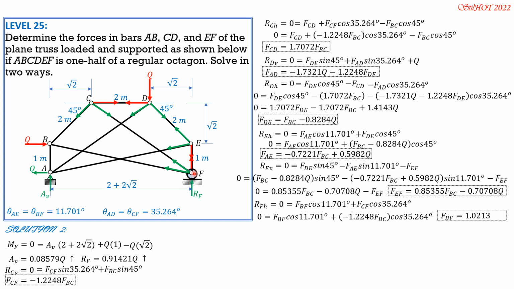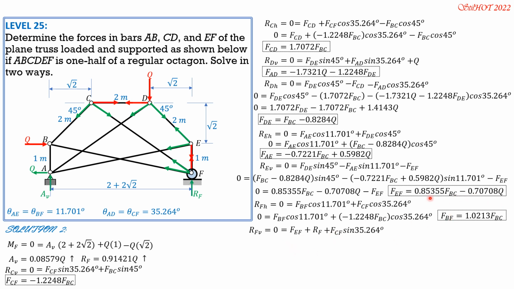Then RF vertical equals 0. So equals FEF plus RF plus FCF sine of 35.264 plus FBF sine of 11.701 degrees. So replace FCF, FEF in terms of FBC.